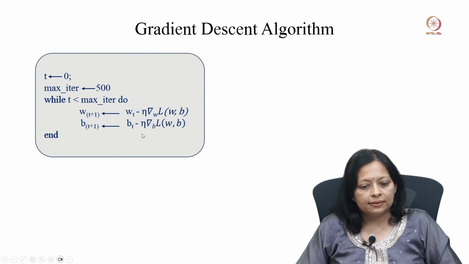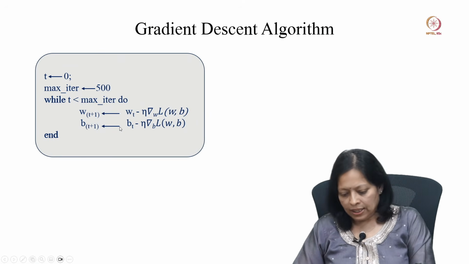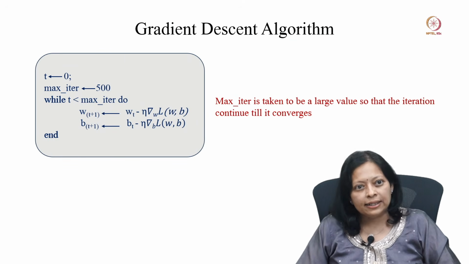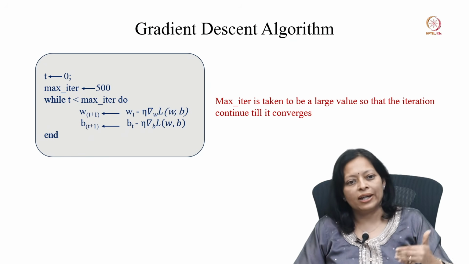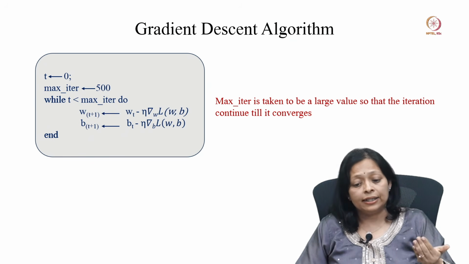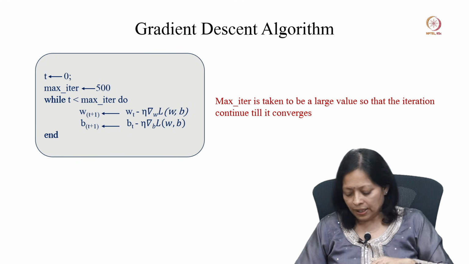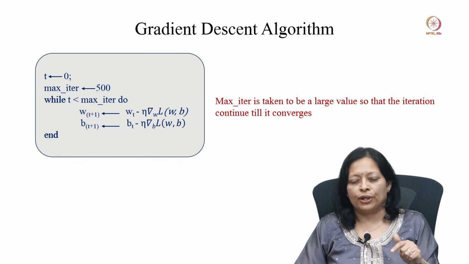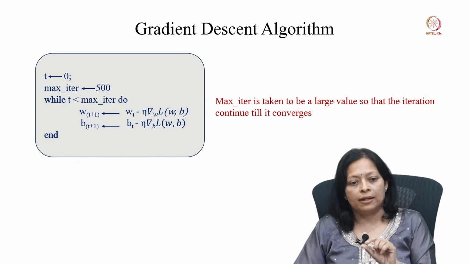Usually we keep the number of iterations large so that the weight updation can continue till it converges. Converging means it comes to the lowest point, the minimum error point.